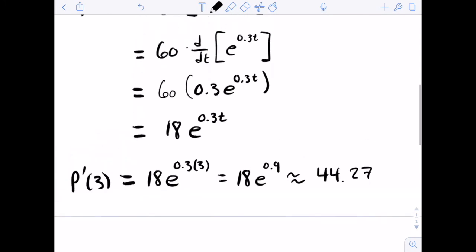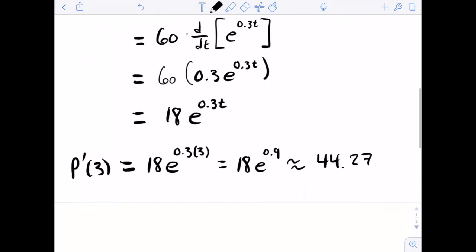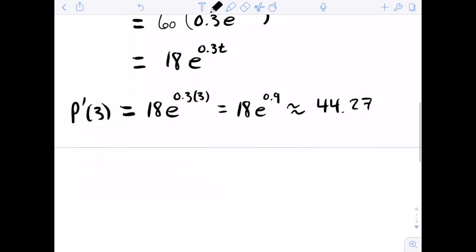Remember that the population size is in millions and time is in years. So the rate of change here, first of all, is increasing because the derivative here is positive.